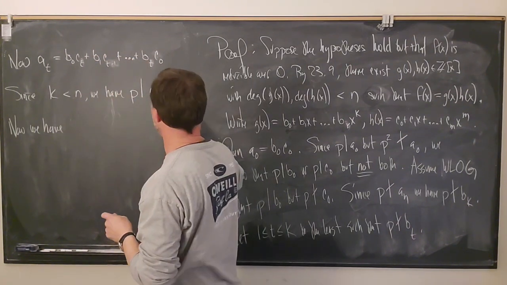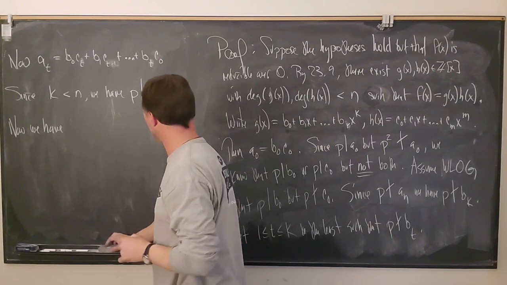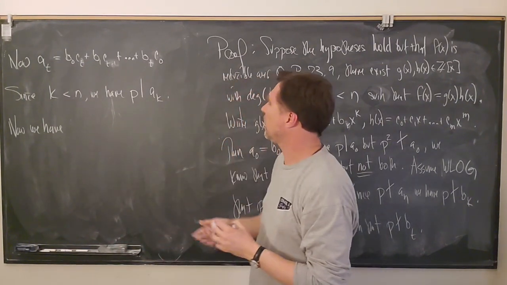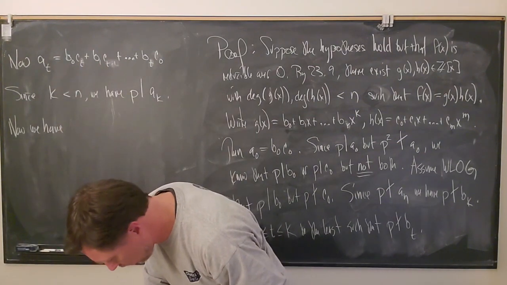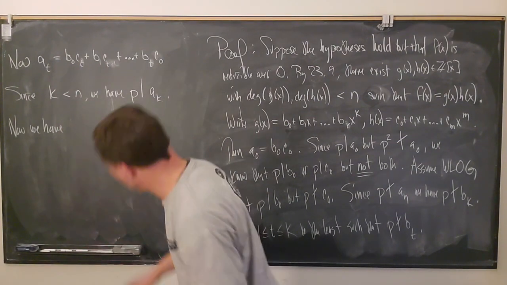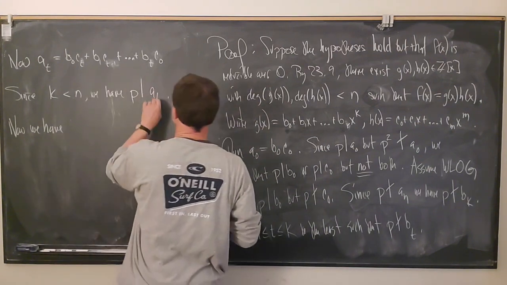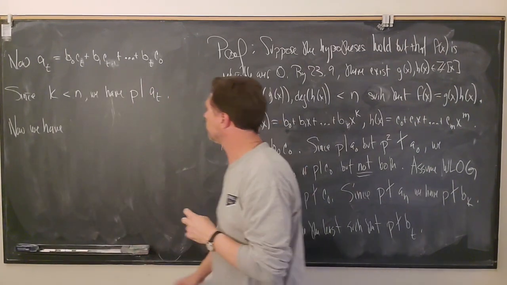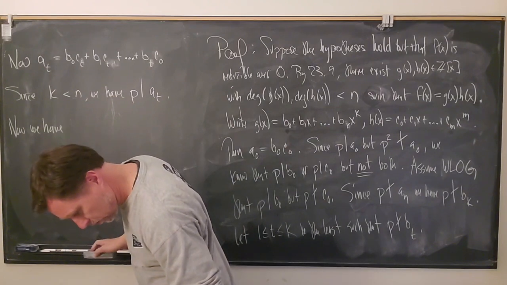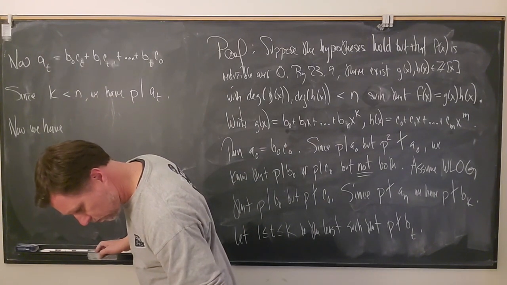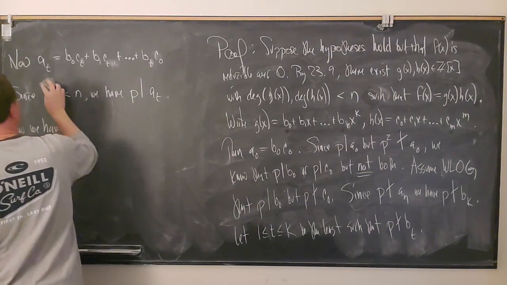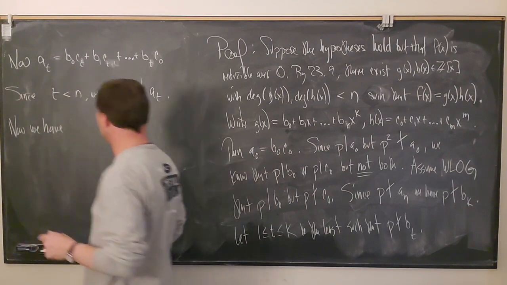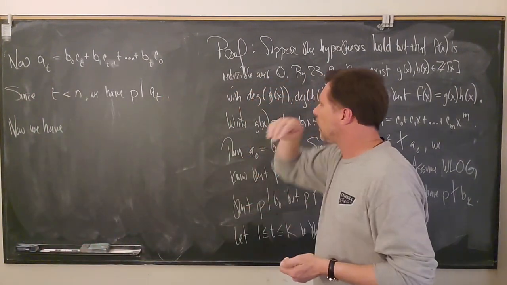Since k is less than n, p divides a sub k, sorry, that's a t there. Every k needs to change to t. This is such a fun proof and I just blew an important part there.